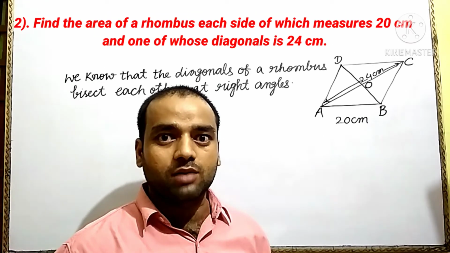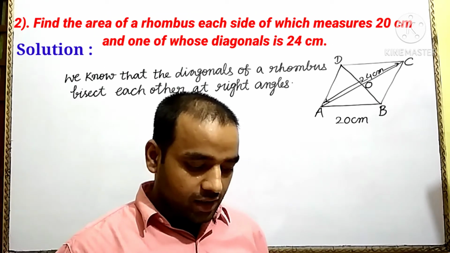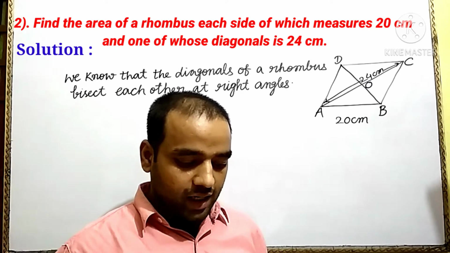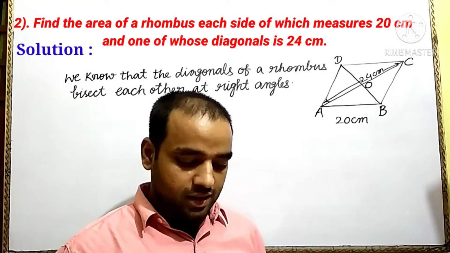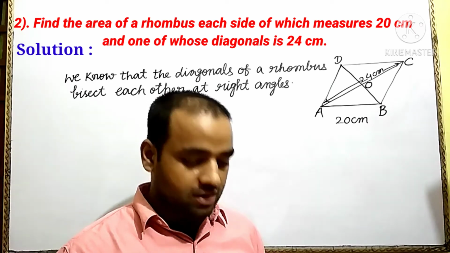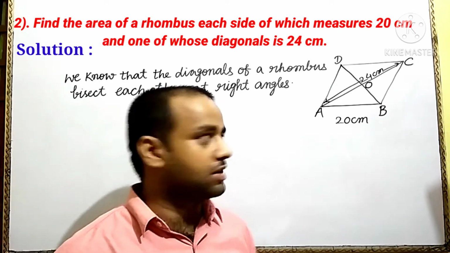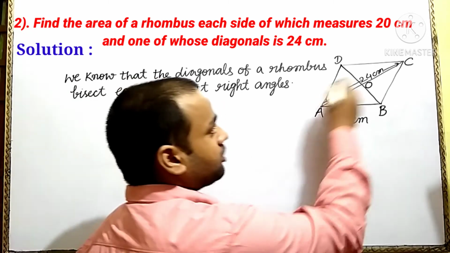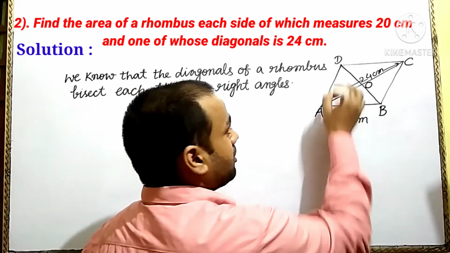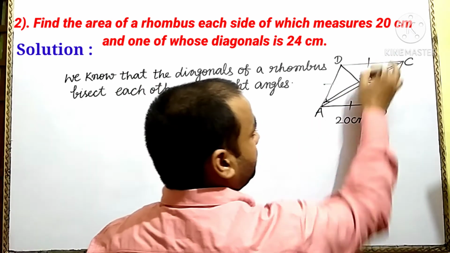In question number 2, find the area of a rhombus, each side of which measures 20 centimeter and one of whose diagonals is 24 centimeter. So here we take a rhombus. In rhombus, all sides are equal.